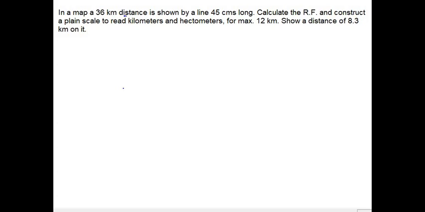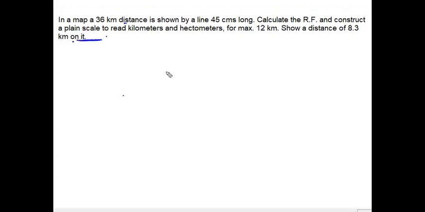As we have already discussed, in any problem the first thing we have to do is to find the representative factor. Here, in a map, a 36 kilometer distance is shown by a line 45 centimeter long.